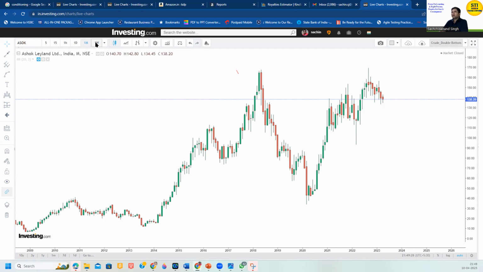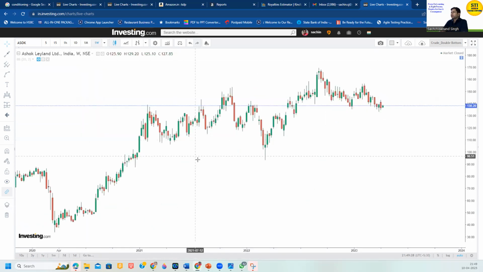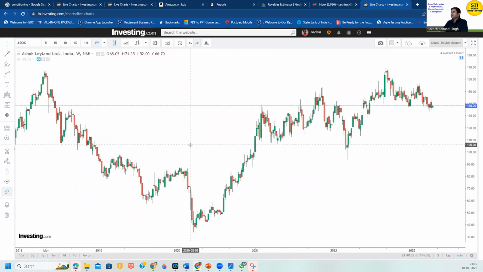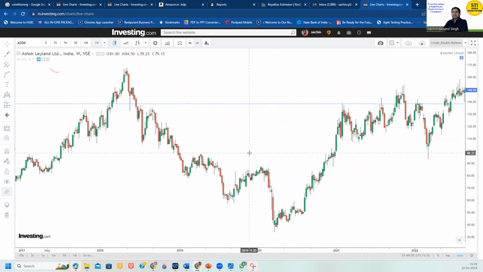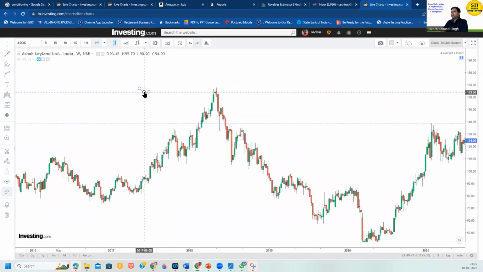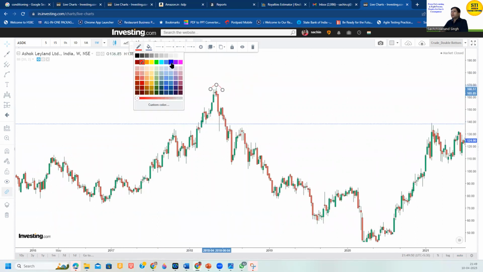That is the primary reason we are learning about these various potential signals through which we can identify the movement of the chart or the movement of prices for the future.